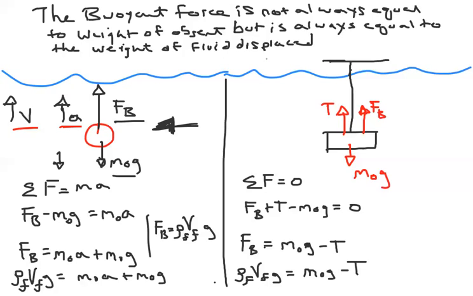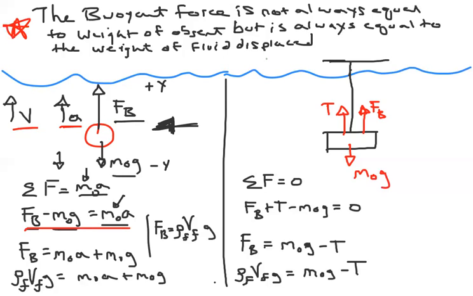And so what do we do? Again, assuming up is positive, down is negative, the buoyant force is going to be positive, the weight is going to be negative, and that's going to be equal to ma. Now remember, this ma, the mass is the mass of the object. It can't be the mass of the fluid. The object is the thing that's speeding up, not the fluid. So the mass in ma is the mass of the object.